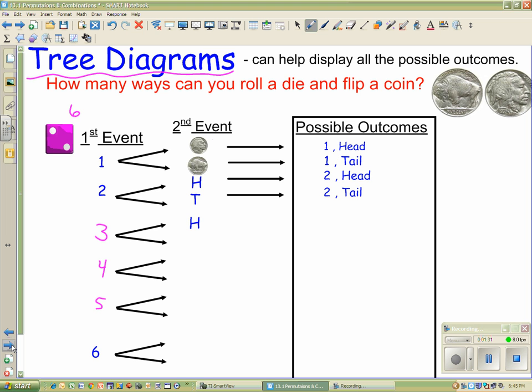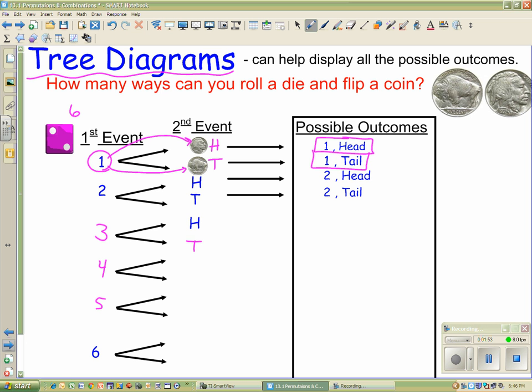My choices for coins would be a head or a tail. So one possibility is I could roll a 1, followed by flipping a coin and getting a head. That outcome would look like a 1 head. I could roll a 1 and follow that with a tail, and another different outcome would be a 1 tail. I could roll a 2 and get a head, and so forth.